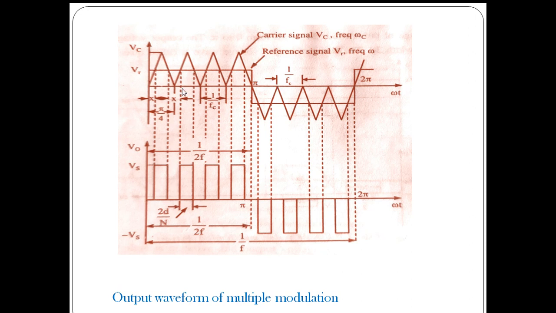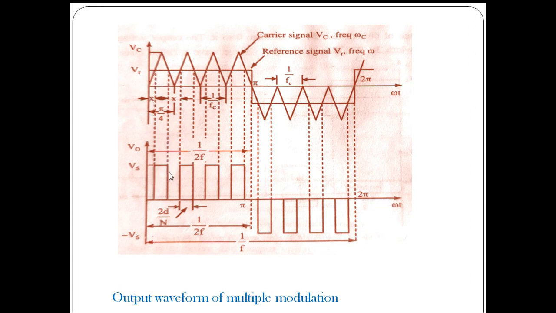And this triangular waveform will be the carrier wave. This carrier wave will be compared with the reference wave. In a comparator, both the carrier wave and the reference wave are compared. At the intersection points of this carrier wave and the reference square wave, we are having pulses.